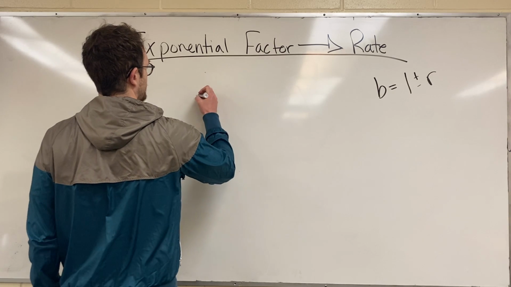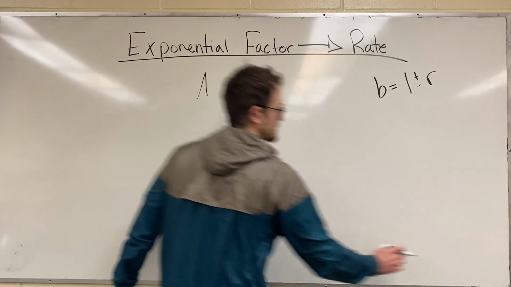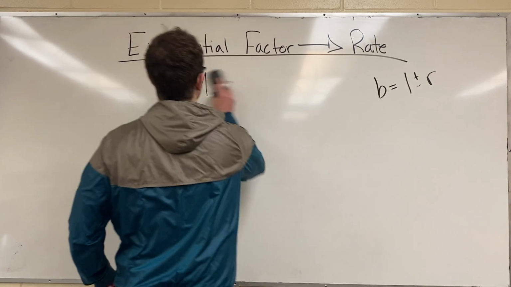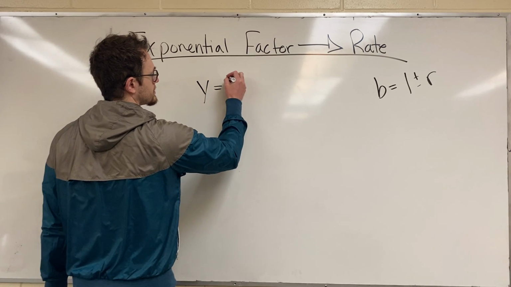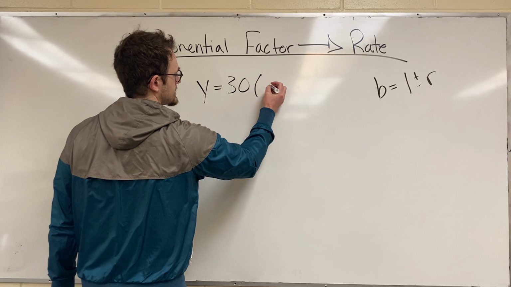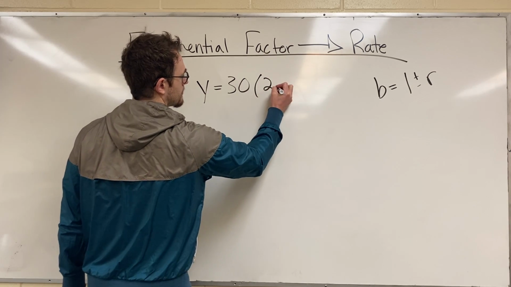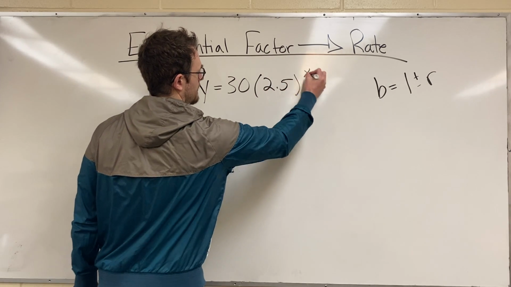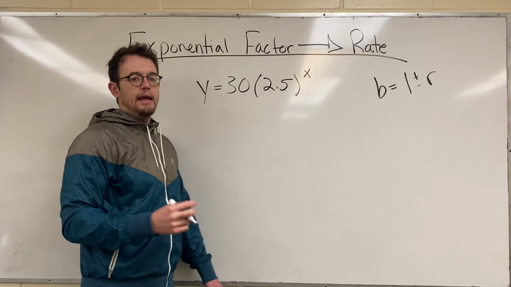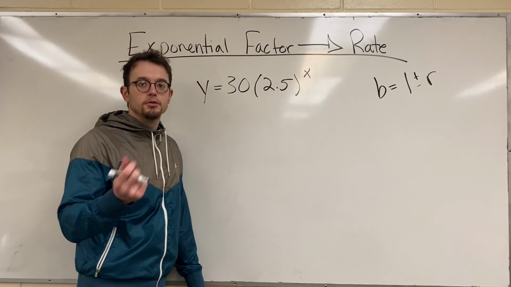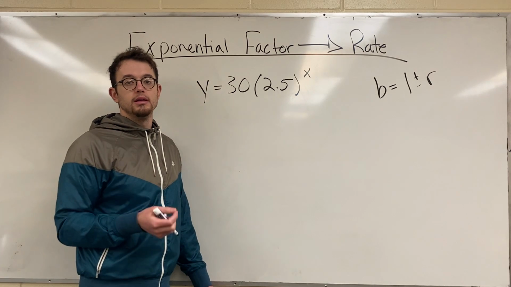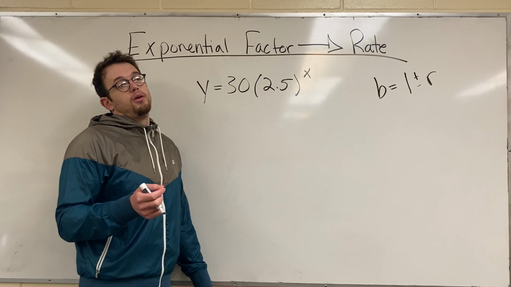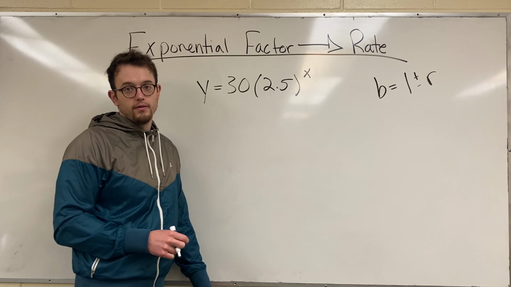Let's say y equals 30 times 2.5^x. And I'm asking my students, tell me what the rate is. What is R? I want the R value. What is the decay or growth rate?